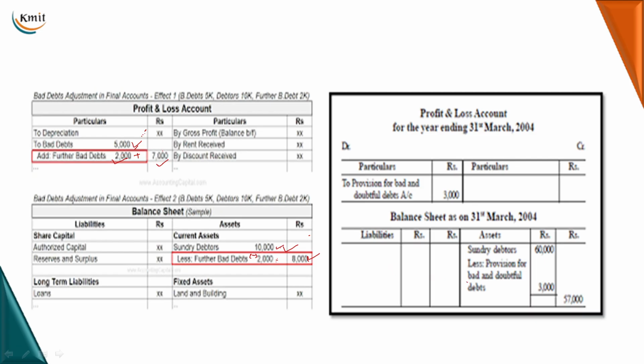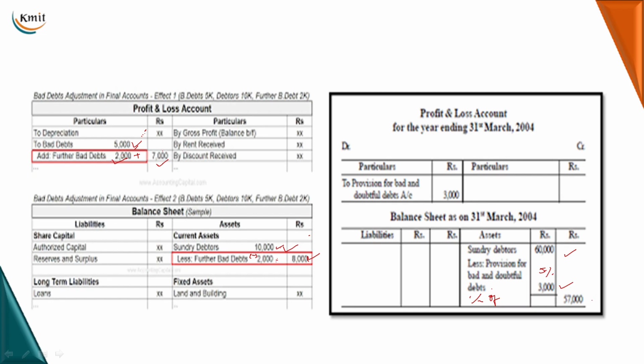And another thing is when you are asked to provide a certain percentage of provision for bad and doubtful debts. Create a provision for bad and doubtful debts. So on this data, you will be asked to create a certain percentage or certain provision for doubtful debts. Now it is given as 3,000, or it may be assumed to be 5%.